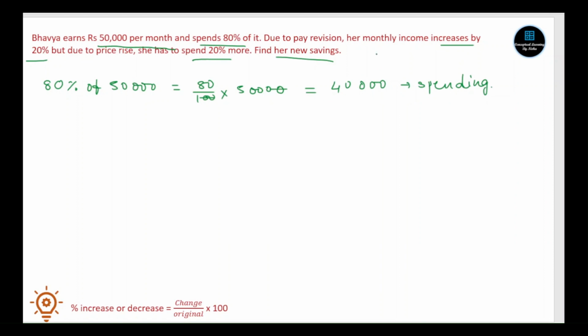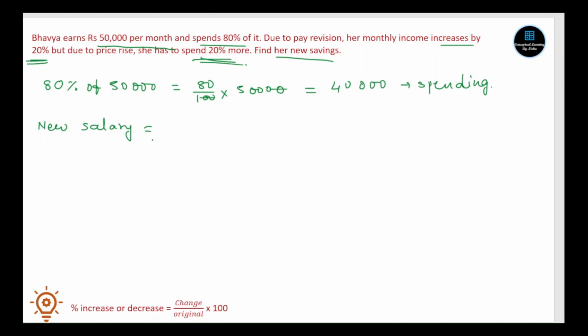Now what they are saying, due to the salary rise, she spent 20% more, and the salary rise is also 20%. So let's find the new salary. New salary is equal to how much? 20% of 50,000, correct?